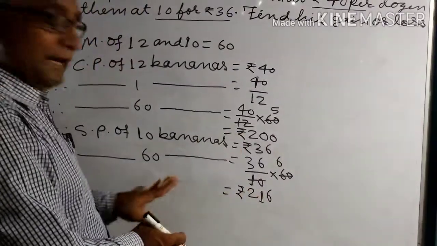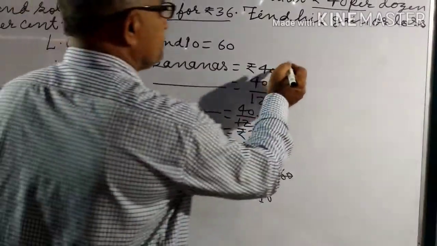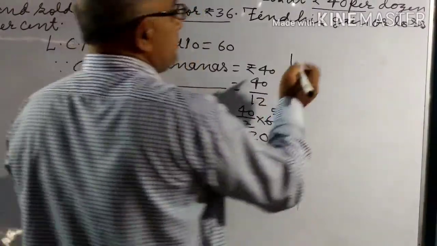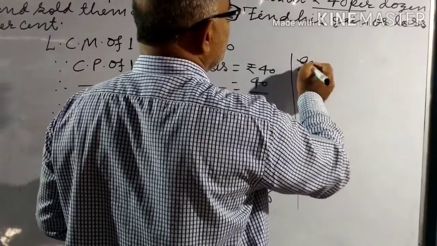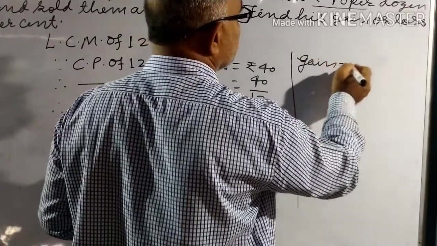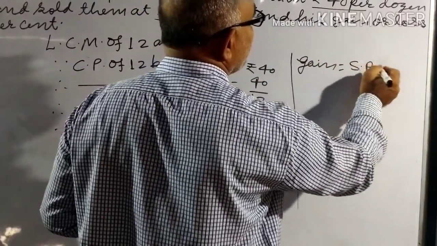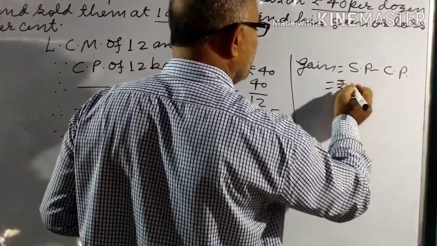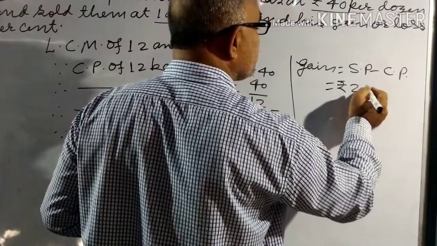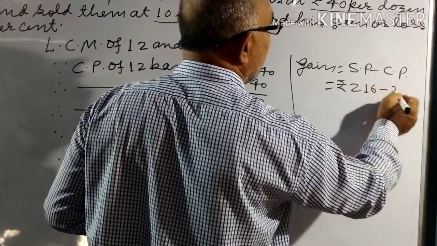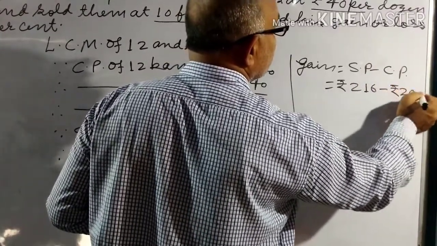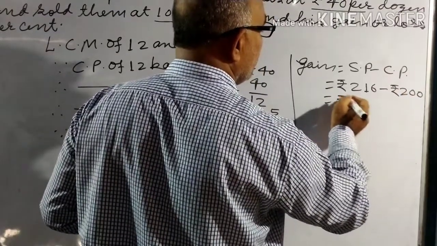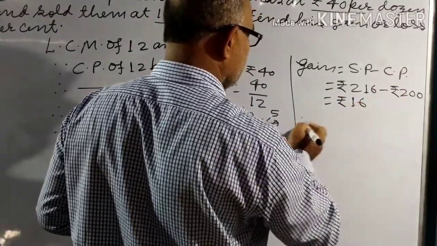CP is 200 and SP is 216. CP less than SP, so gain. Gain equals SP minus CP equals 216 minus rupees 200 equals rupees 16.